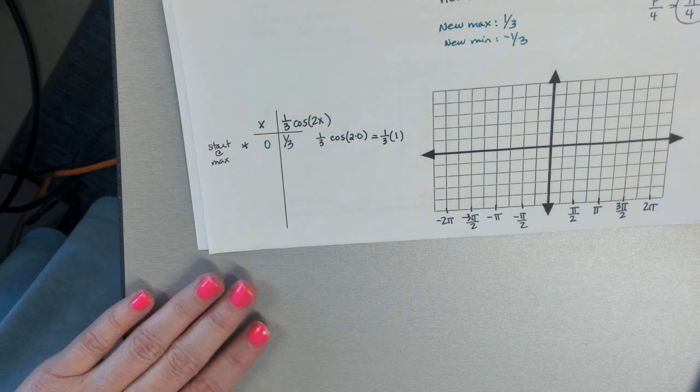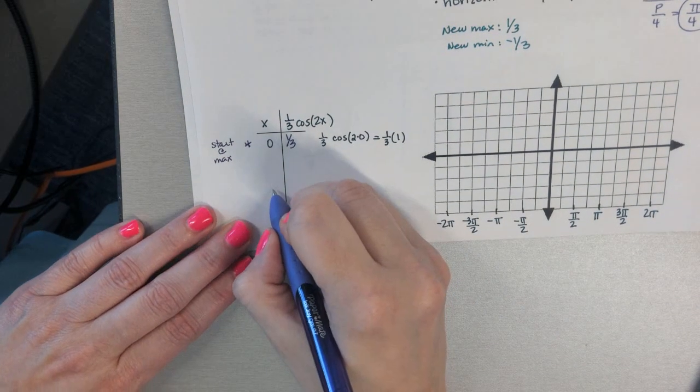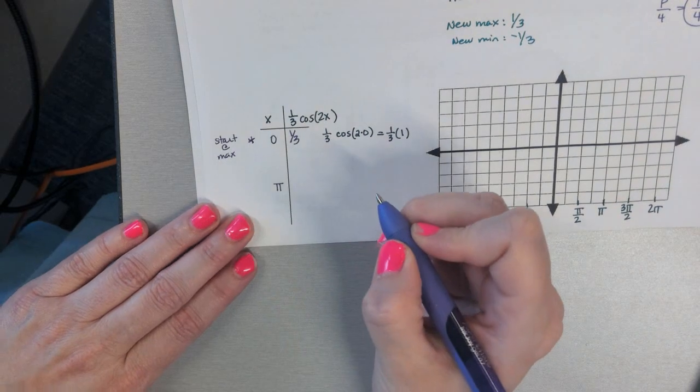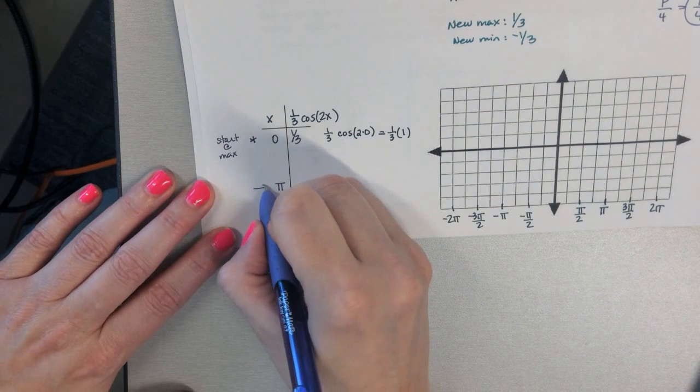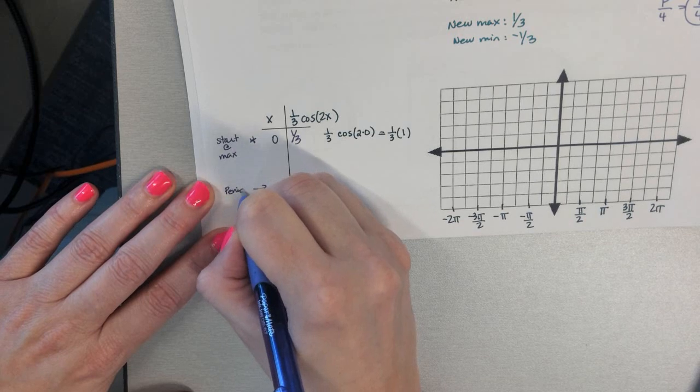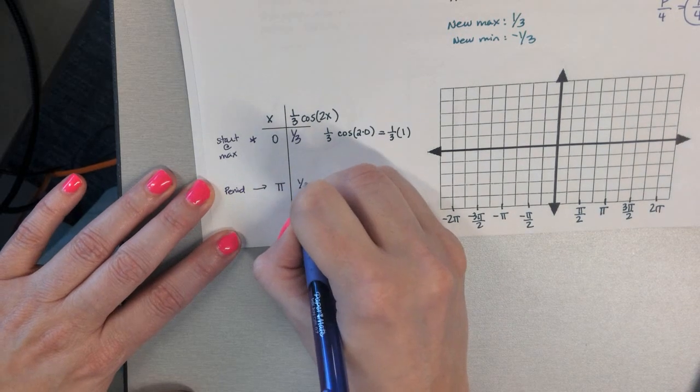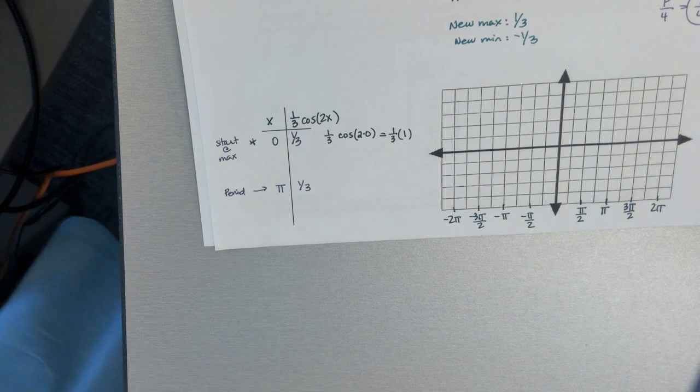Now your period is what? The period is pi. So this is where your period ends. So if you start at the max, guess what? You end at the max as well.